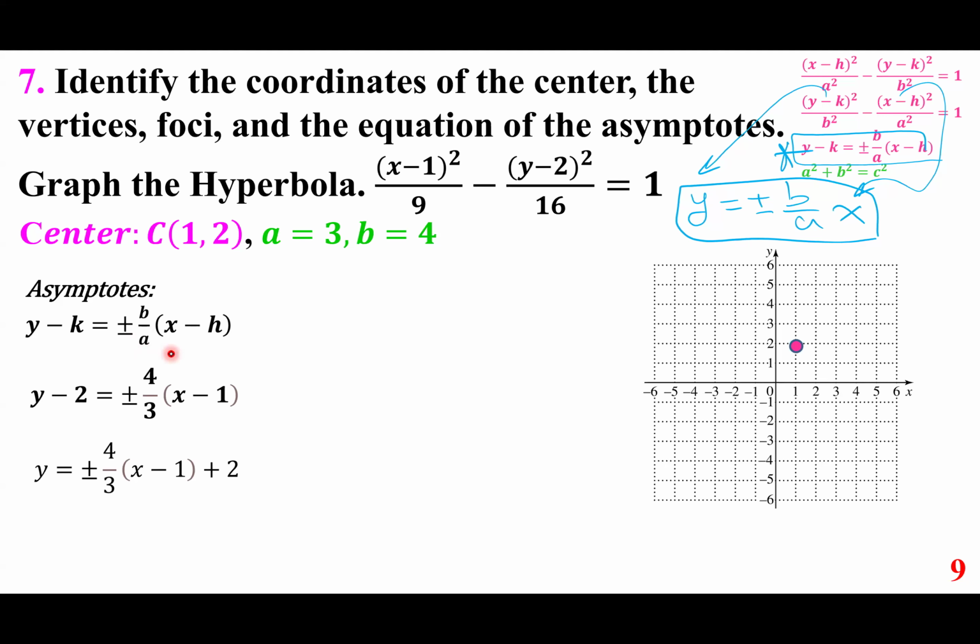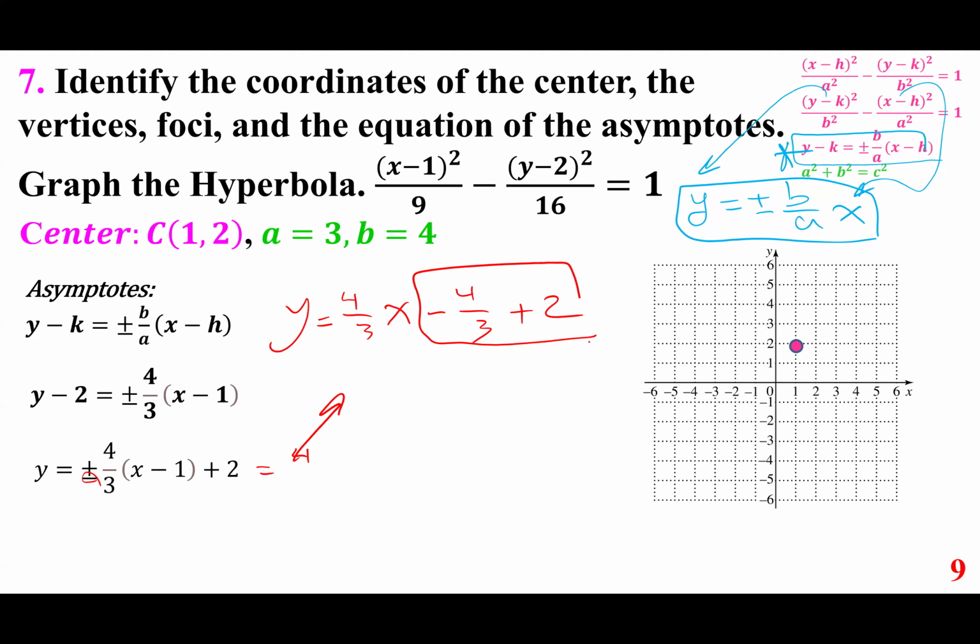And then if I go with the positive one, let me just write it here. If I go with positive, because I have to calculate the negative also. So let's calculate the positive first. 4/3 times x minus 4/3 plus 2. Okay, that's one of them.